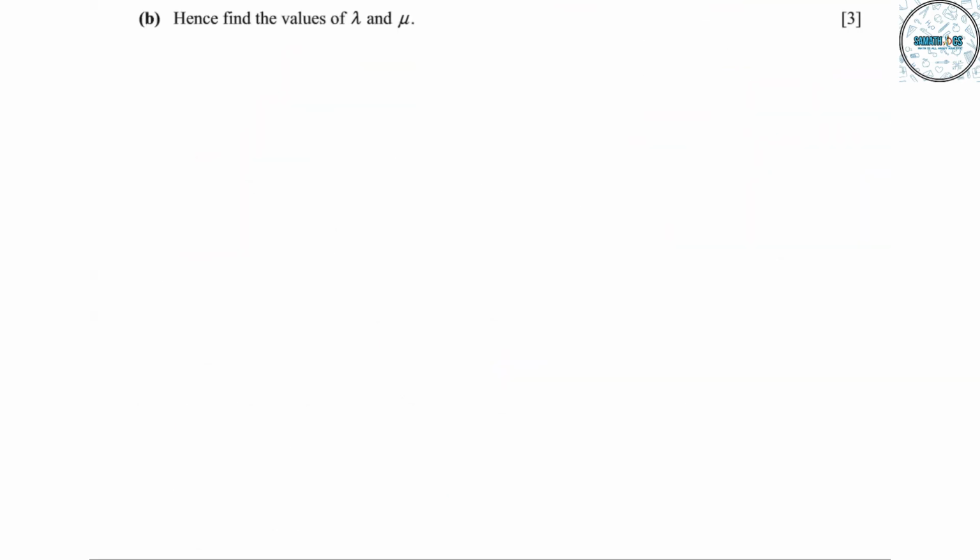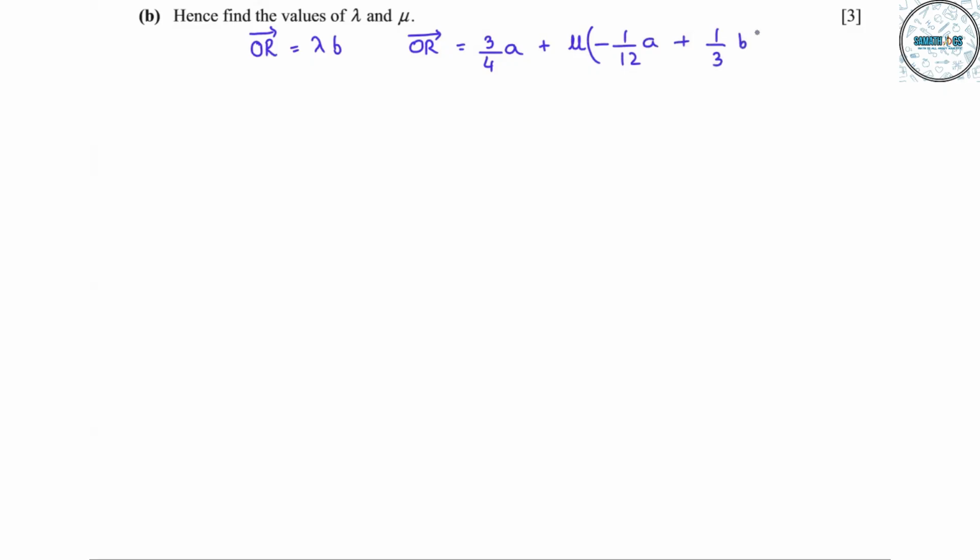Part B, hence find the values of lambda and mu. In the question, OR is given as lambda b, and we have taken out OR in terms of mu, which is 3 upon 4 a plus mu into minus 1 upon 12 a plus 1 upon 3 b.